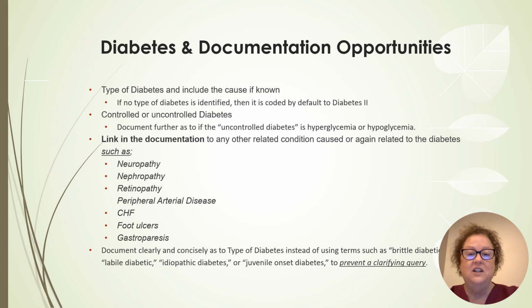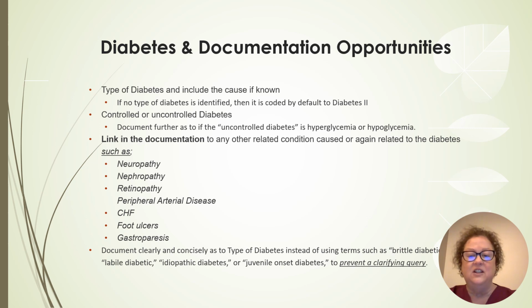So when you're linking the documentation that is due to the diabetes, such as neuropathy, nephropathy, retinopathy, peripheral vascular arterial disease, congestive heart failure, foot ulcers, gastroparesis, document clearly and concisely as to the type of diabetes instead of using such terms as brittle diabetic, labile diabetic, idiopathic diabetes, or juvenile onset. When you document clearly instead of using these terms, it will prevent a clarifying query from the coder.